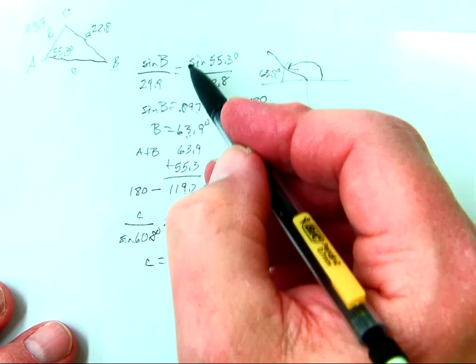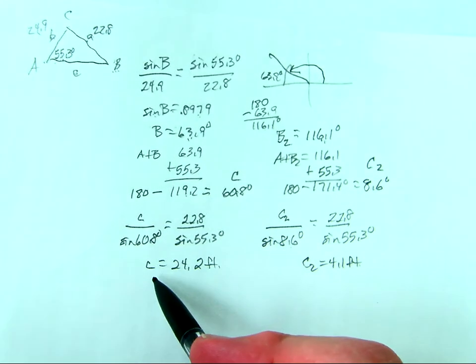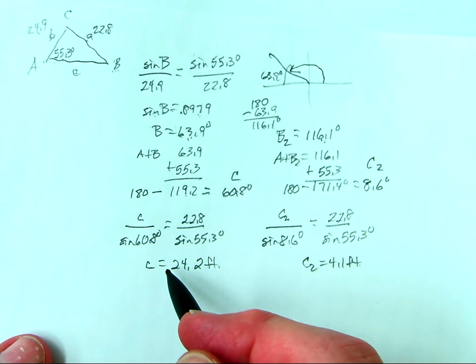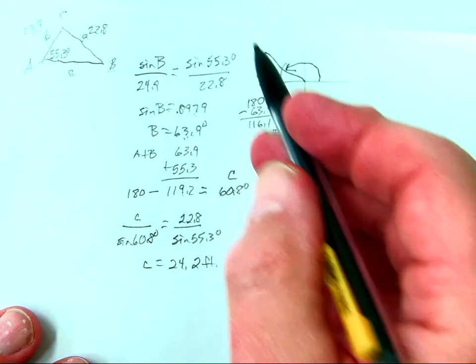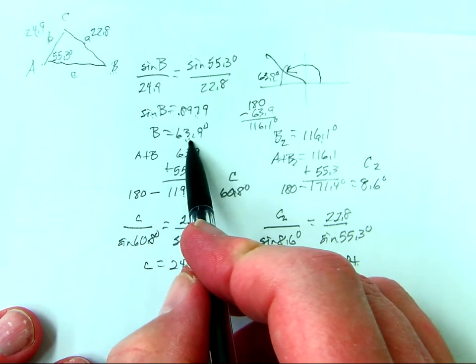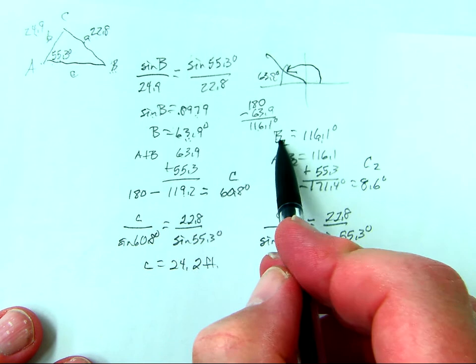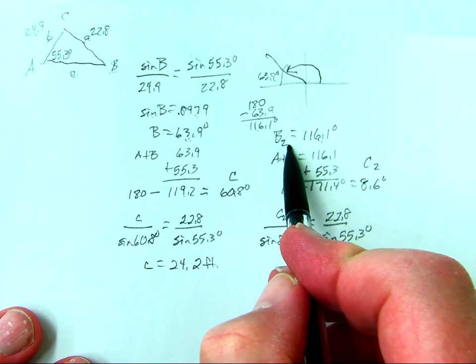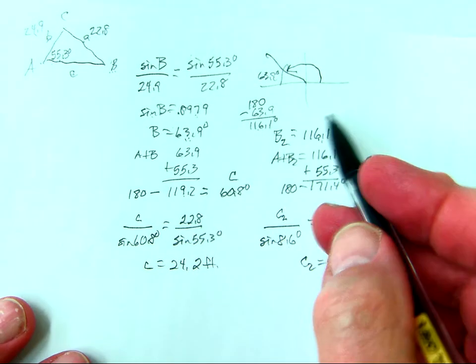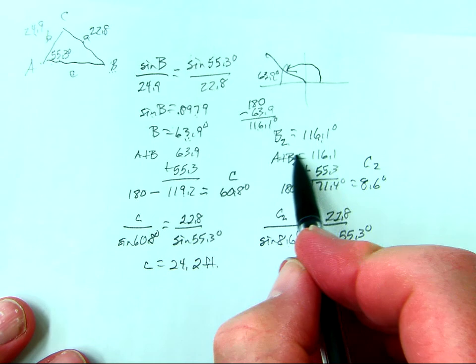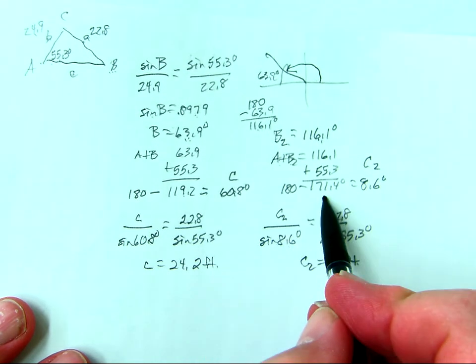We first found the three missing parts without even thinking about a second solution. For the second solution, we go back to the very first angle we found. We subtract it from 180. That's our second option for angle B. Then we went through the same steps. We had angle B and angle A. We added them together and got 171.